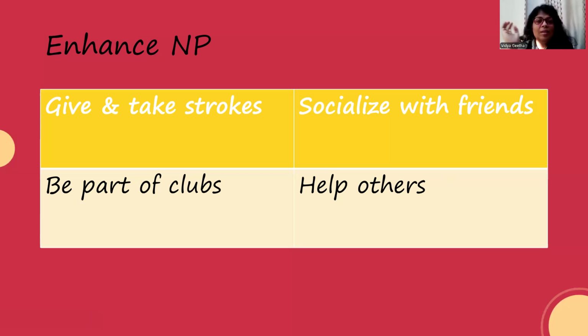So socializing is very important for NP. And then be part of groups or clubs, engage in some other activities as well, help others, because this is natural to NP, but our aim is targeting the CP. So controlling parents, instead of trying to control everybody in my best possible way, let me help others.